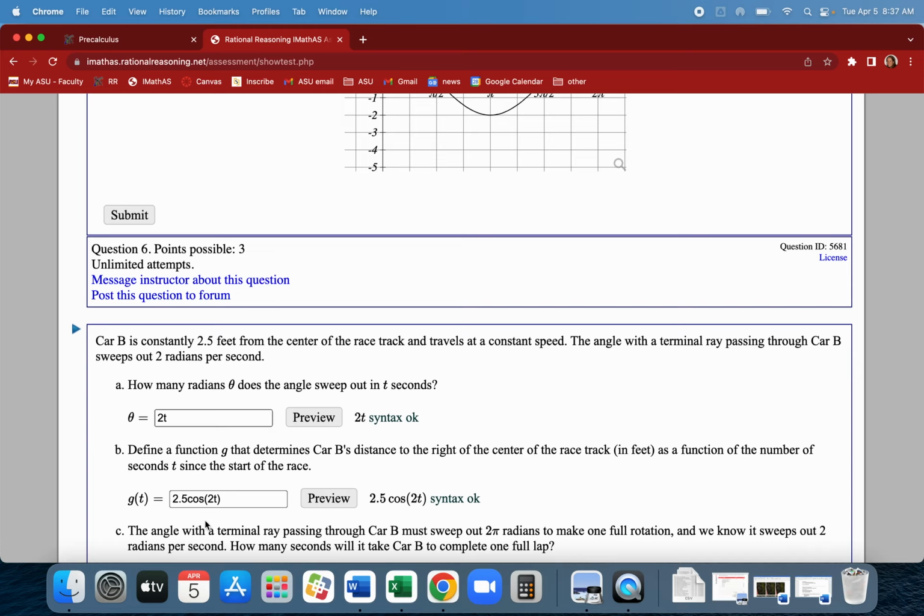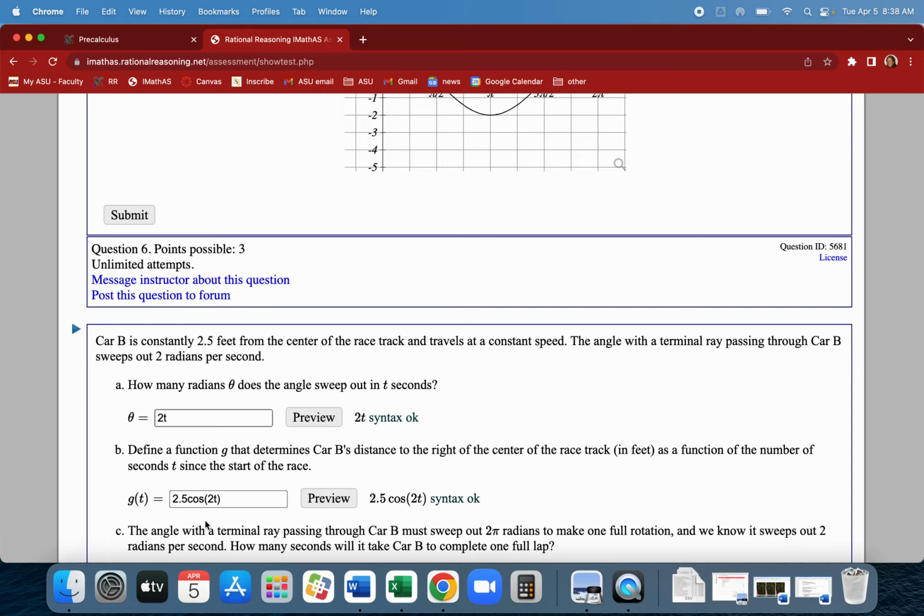Let's say that it goes 1 foot per second, instead of a number of radians per second.